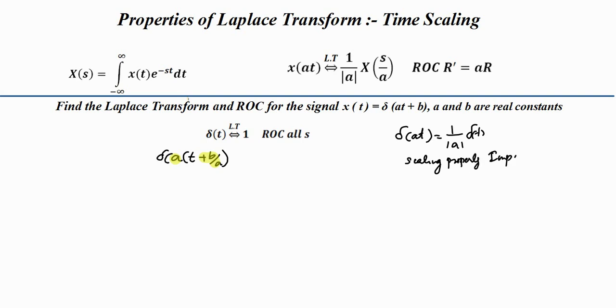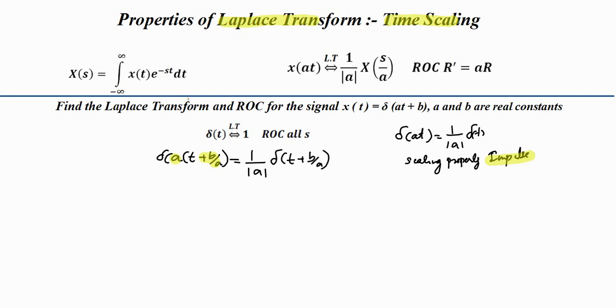It's not the scaling property of Laplace transform. So based on the scaling property of impulse signal, del of a into t plus b by a can be written as 1 by modulus of a del of t plus b by a.